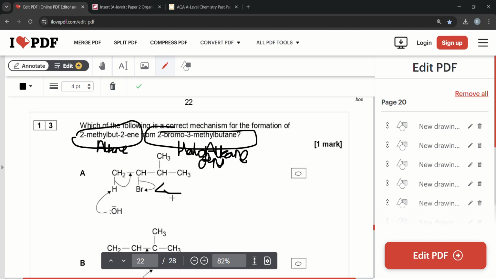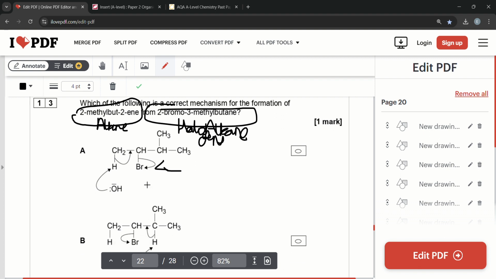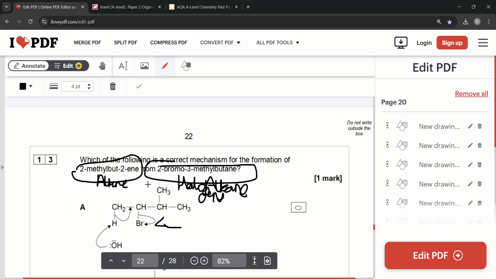And if this mechanism does occur, well then we'll form 2-methylbut-1-ene. So that's not what we want. So it can't be that.